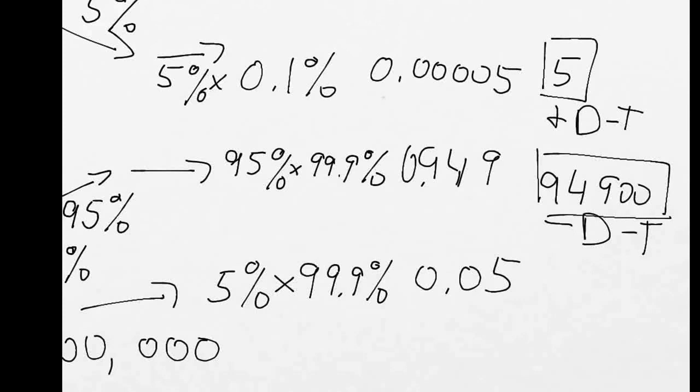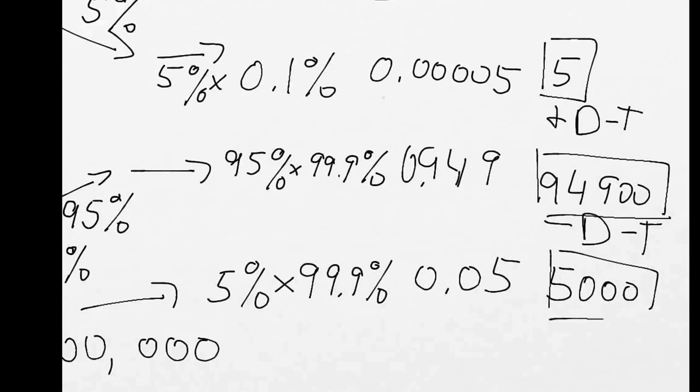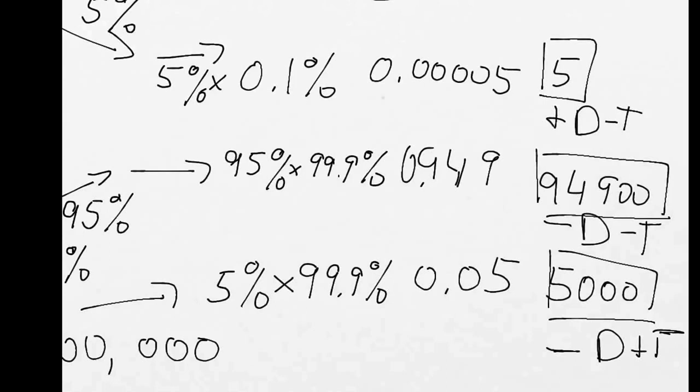And we have 5,000 people who don't have the disease but test positive. So minus D means don't have the disease, plus T means testing positive. Does that make sense so far?